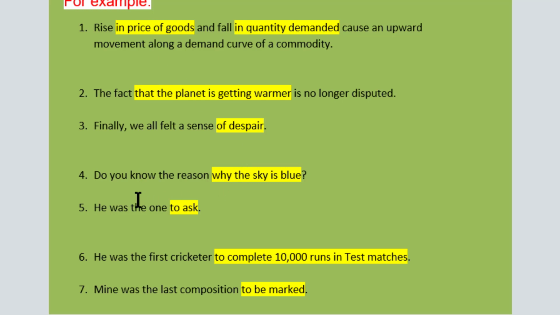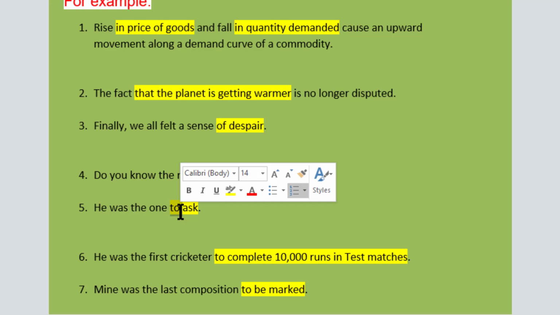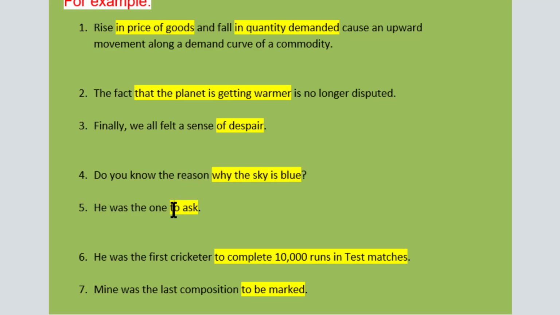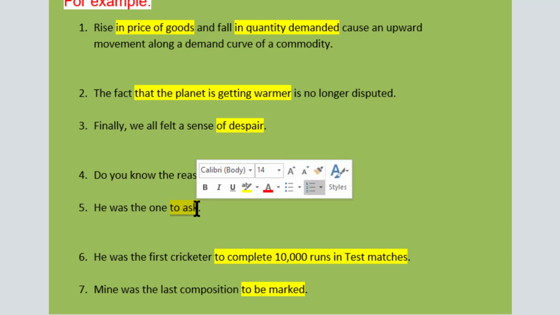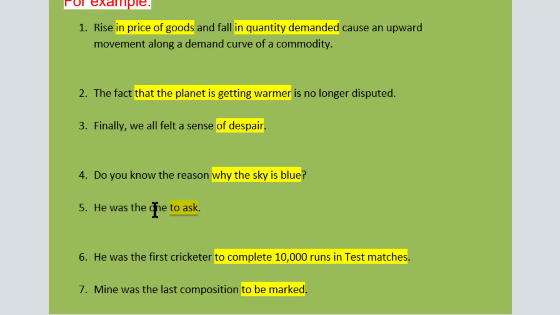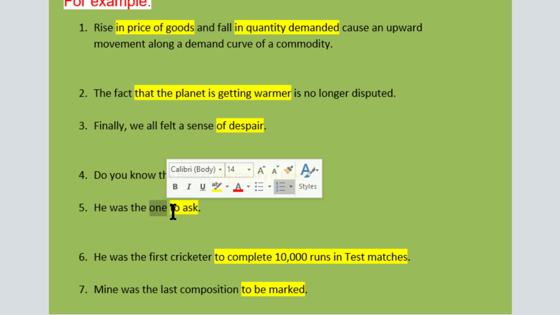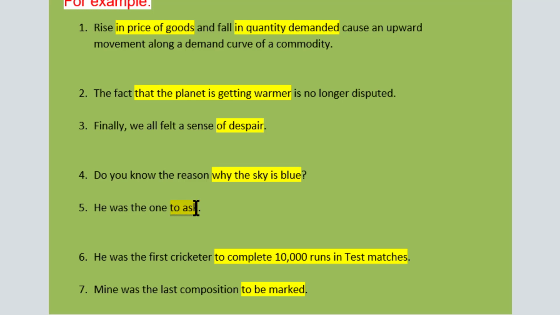Now see, he was the one to ask. What is to ask? This one is a full infinitive. So we can have even a full infinitive as a complement of the head. What is the head? One is the head here, and this is a complete phrase. In this phrase, one is the head and to ask is the complement of the head.